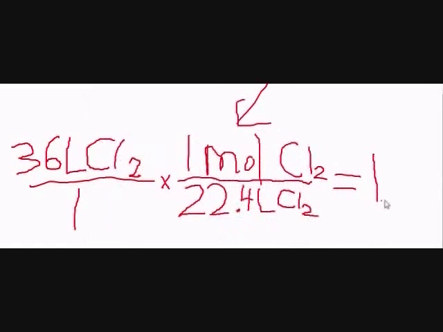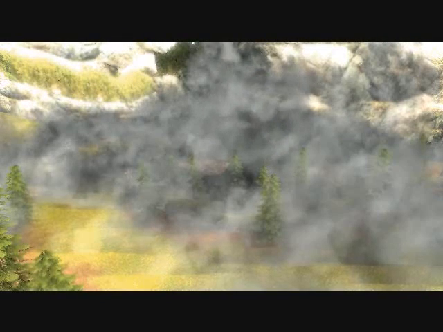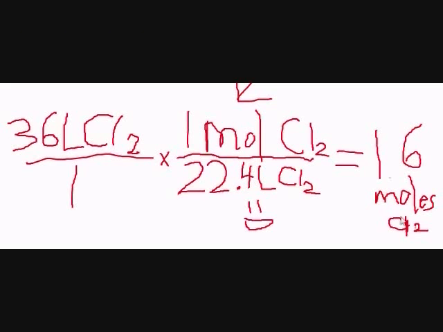conversion factor. Actually, this might be a good time to mention every single equation you do must be in conversion factor form, or else bad things happen, or at least that'll happen in your grade.